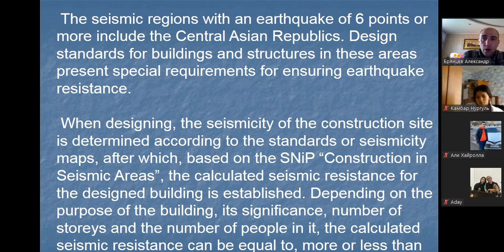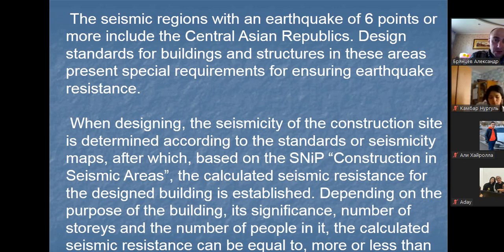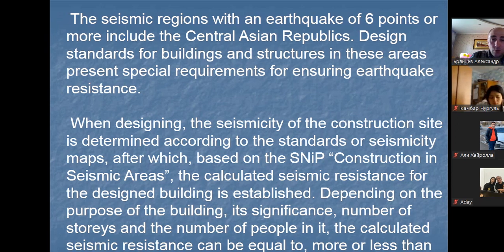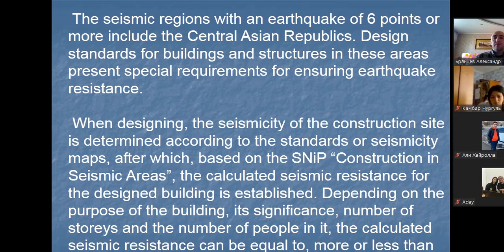And all that information and all applied designs for constructions present special requirements for ensuring the earthquake resistance. It should be applied not only from that document, Construction in Seismic Areas, but it also depends on the location of the building itself.